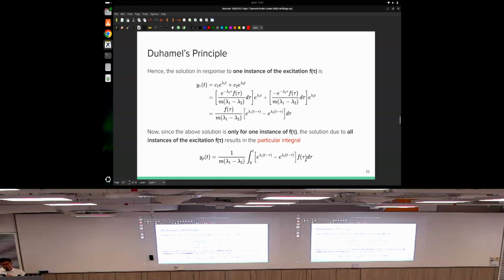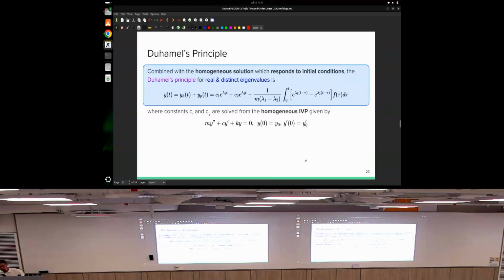The total solution is when you add the homogeneous solution plus the particular integral, and you get Duhamel's principle. Any questions?